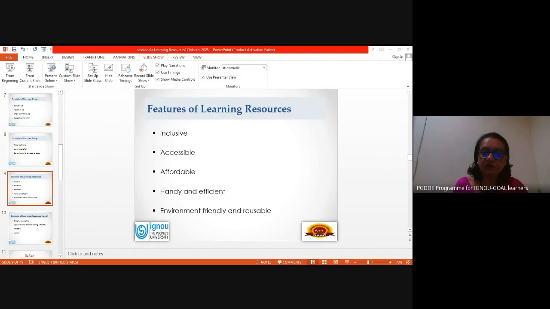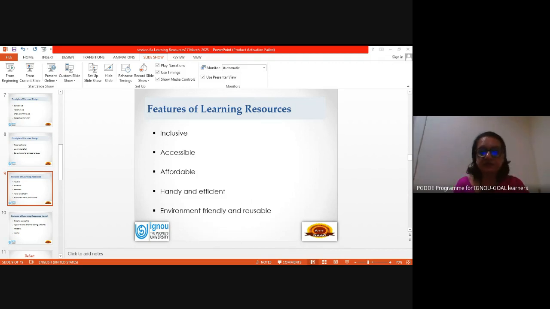Even IGNOU is trying to cut down on the printing part. Earlier on, we never had this option, but today IGNOU gives an option to its learners. If they would want e-content, which is digital materials, then the fee is reduced by 15%, because we are saying that if you don't want printed copies of the book, then your admission fee is reduced.